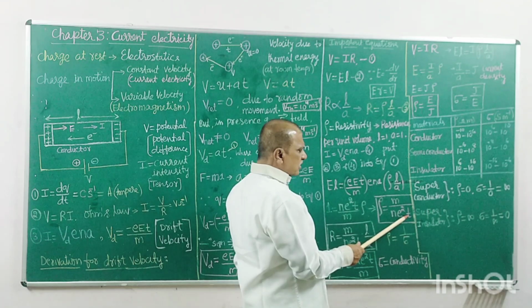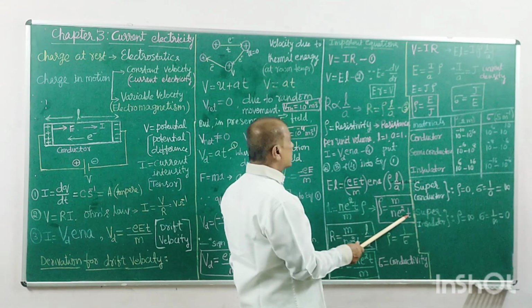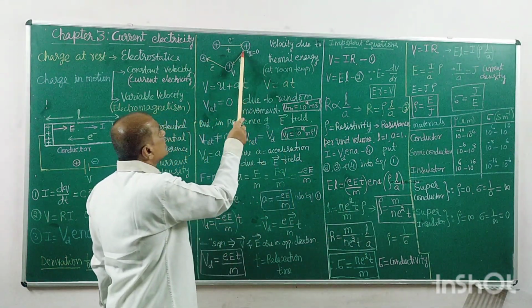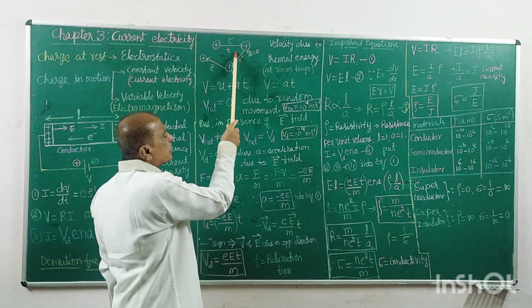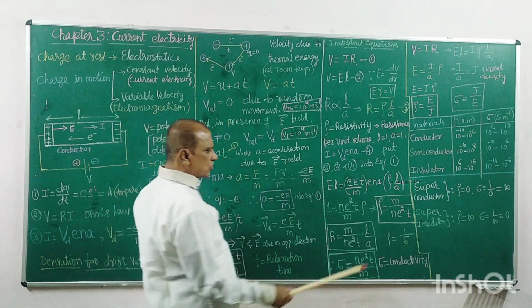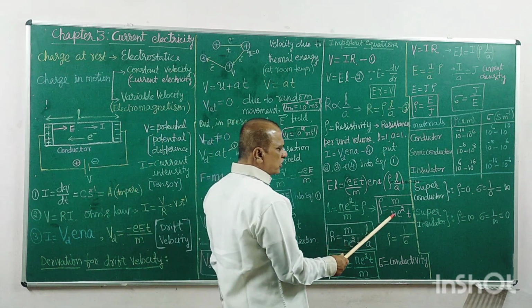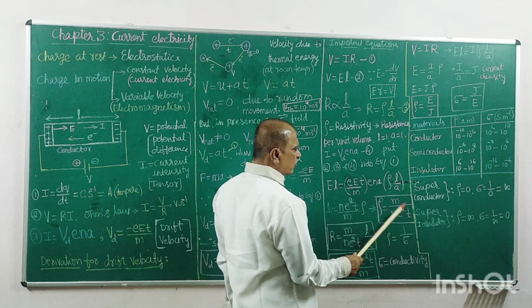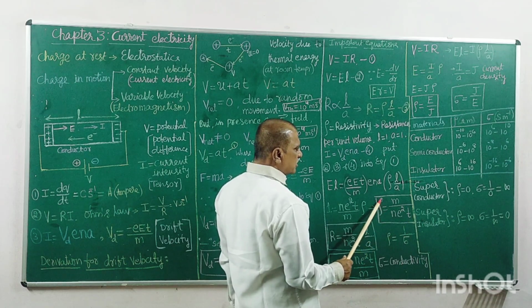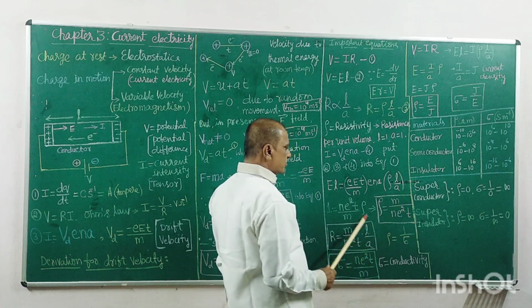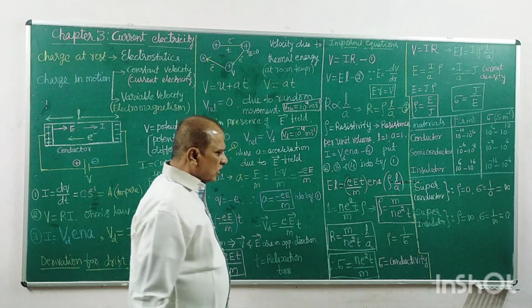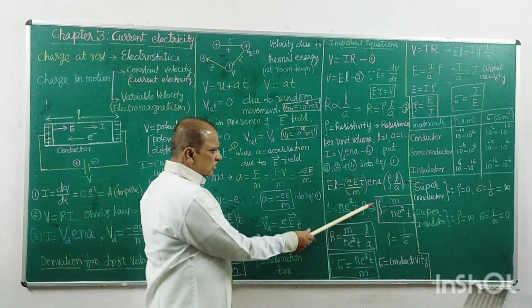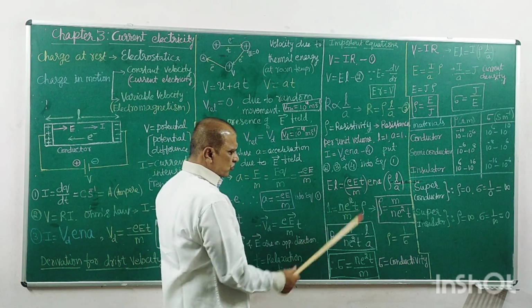And τ means relaxation time. This relaxation time is different in different materials. So these two characterize the material. Therefore, overall the resistivity is characterized by the material. This is about the resistivity.